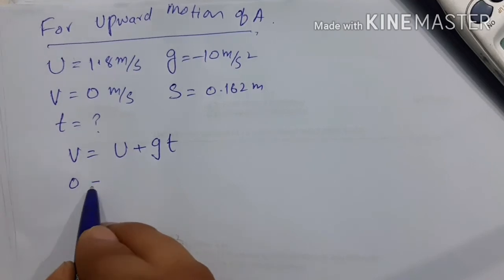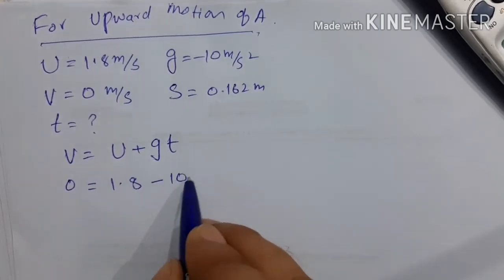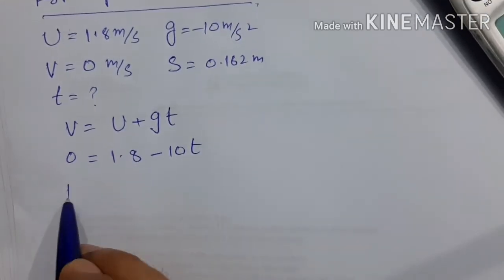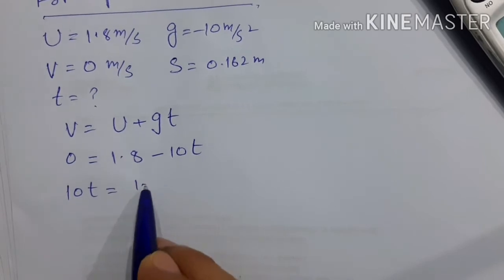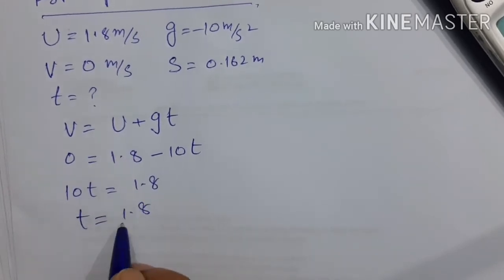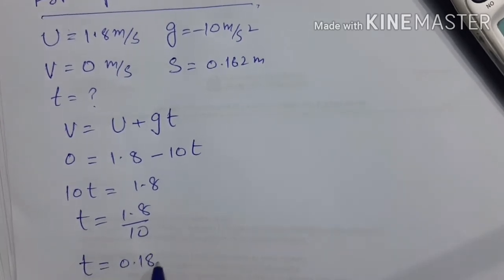So 0 is equal to 1.8, g is minus 10, so minus 10 t. So take this minus 10 on the left side, 10 t is equal to 1.8. So t is 1.8 over 10. So t is 0.18 seconds.